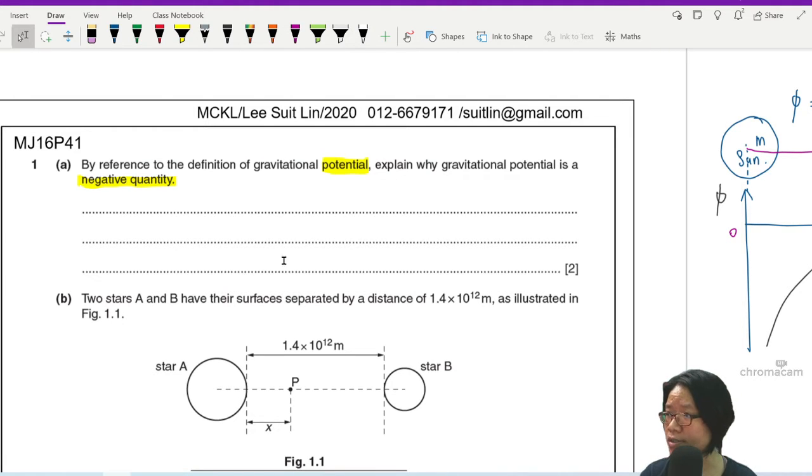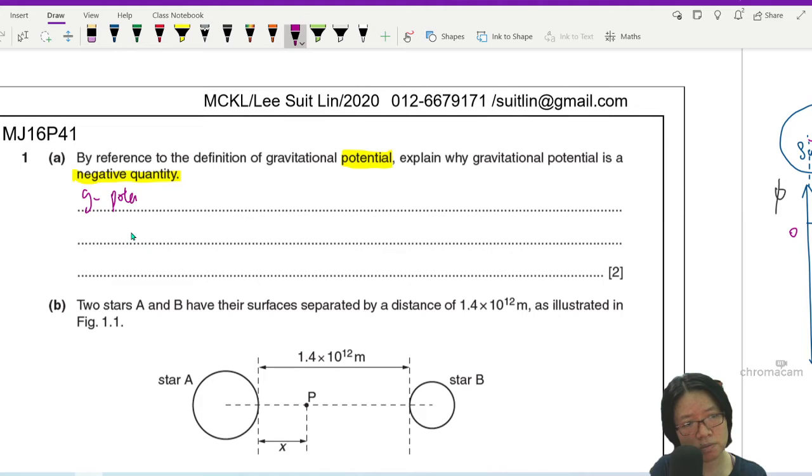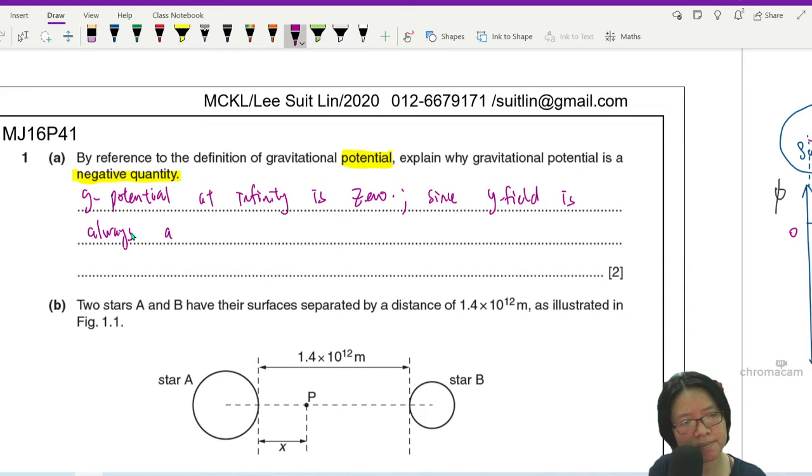Let me adjust the size to make sure it's correct. Okay, gravitational potential at infinity is 0. It's defined as 0. Since gravitational field is always attractive. Now I'm going to write what makes sense to my brain, to help it.